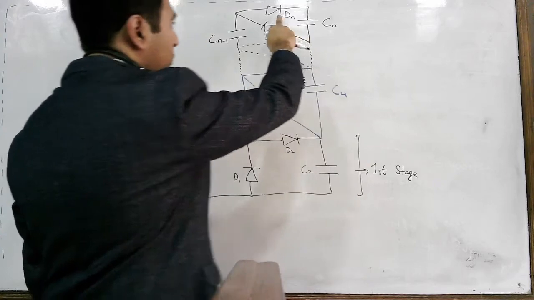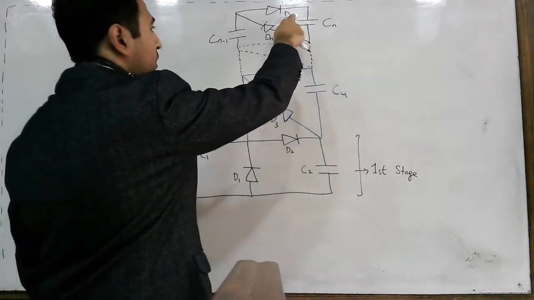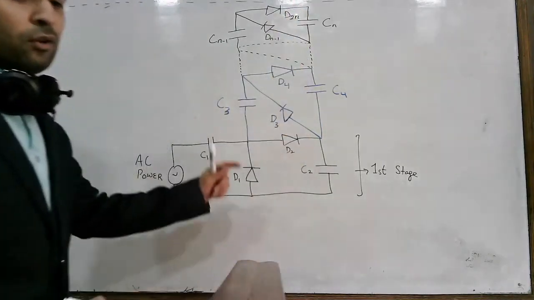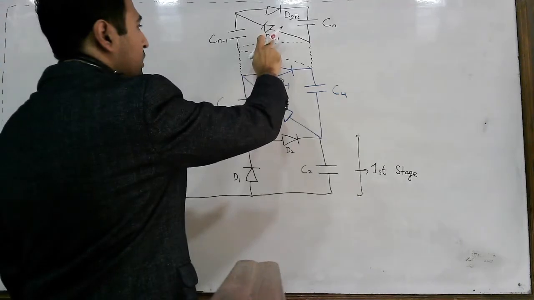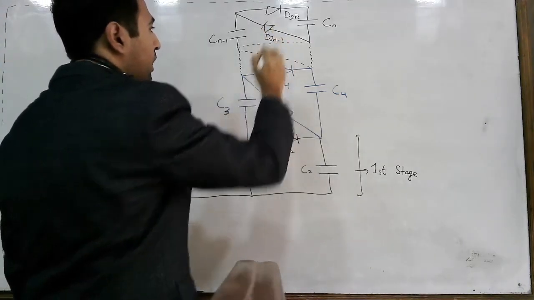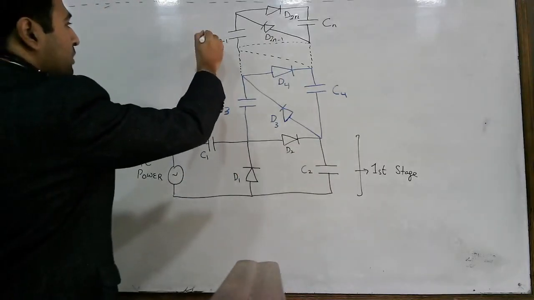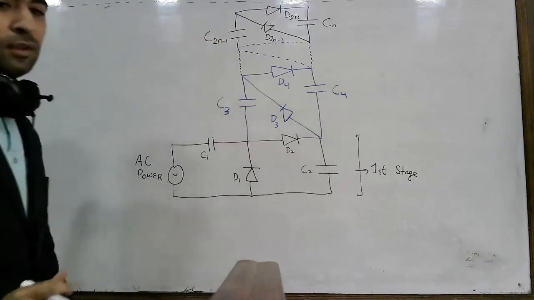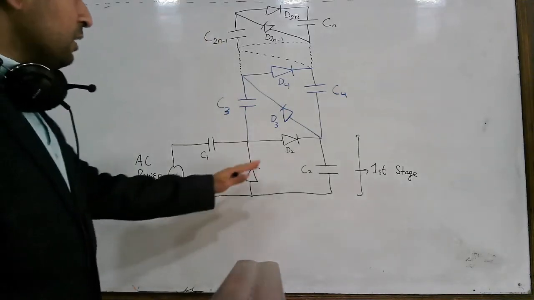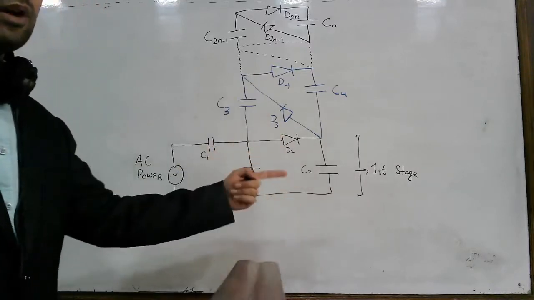So this diode will also be represented by D2n, and this diode will be represented by D2n minus 1, and this capacitor is C2n minus 1, because you can see that we have two diodes and two capacitors in one stage.